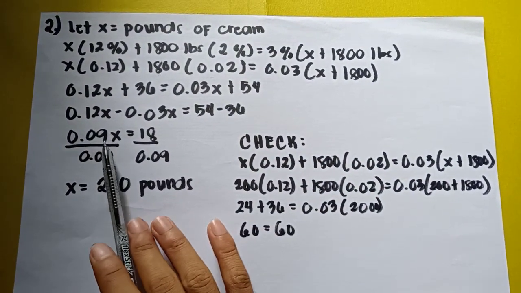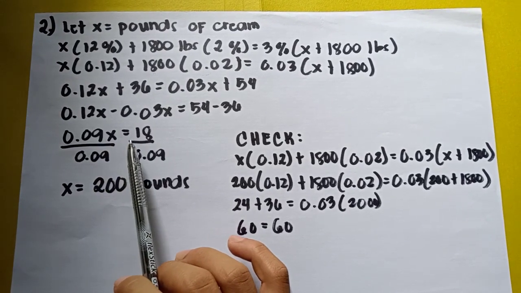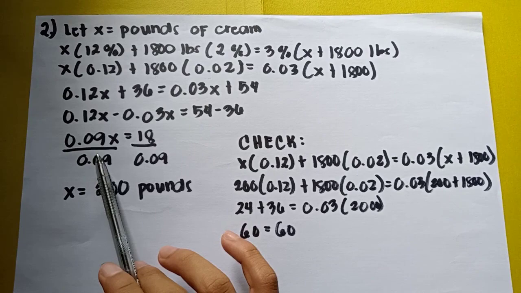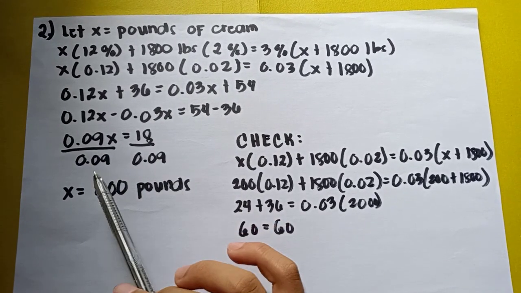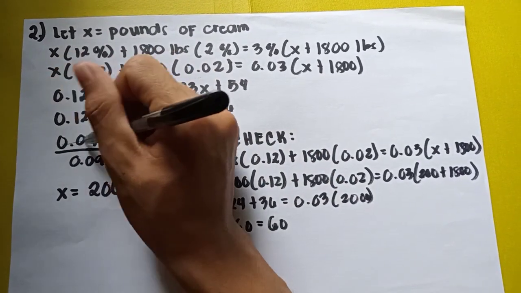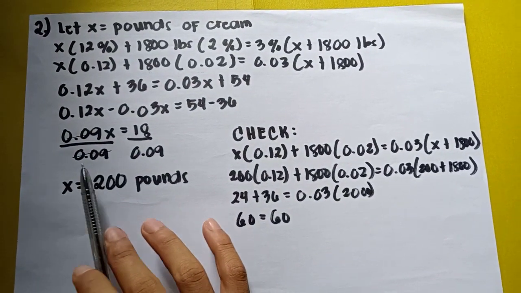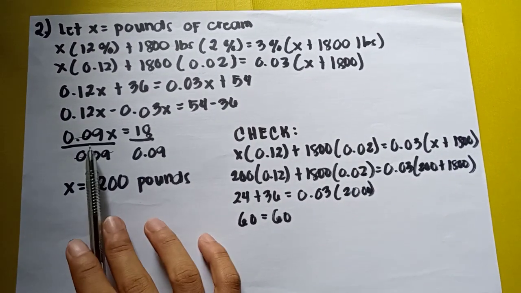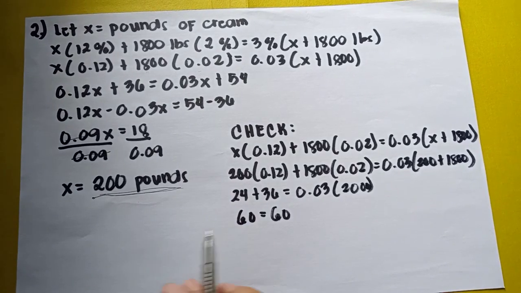So 0.12X minus 0.03X is 0.09X equals 54 minus 36 is 18. Then divide both sides by 0.09 to eliminate 0.09. X is 200 pounds.